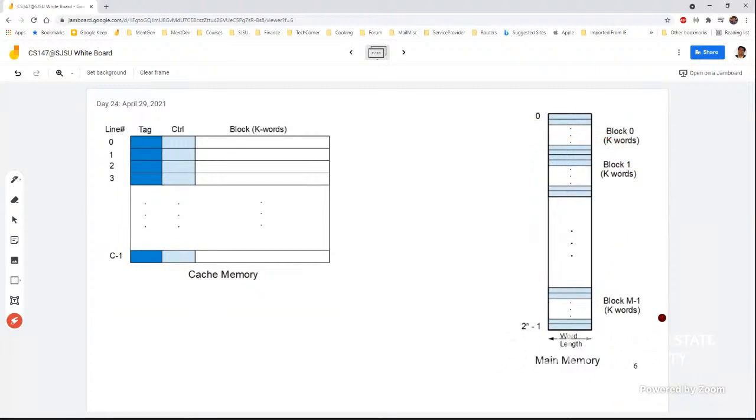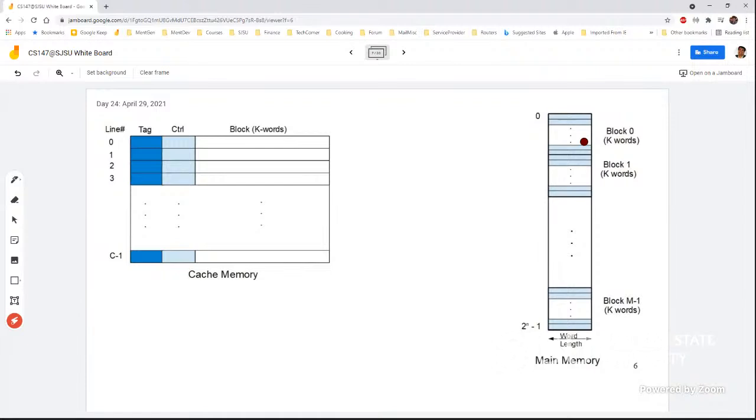And the main memory is equally divided into M parts. Each of them is k words long, let's say. Let's assume this k is a power of 2, so if you do log base 2 of k, you get an integral number.